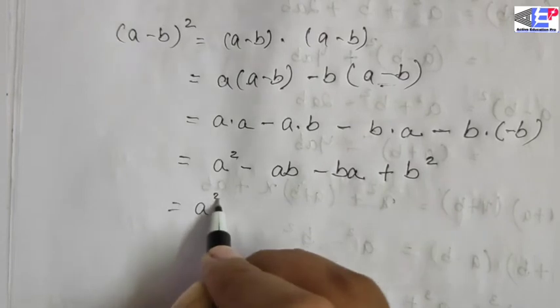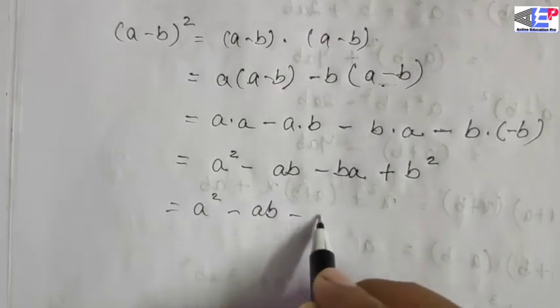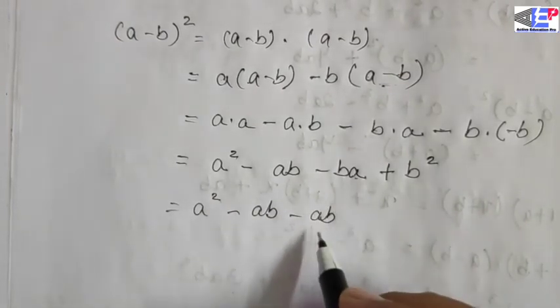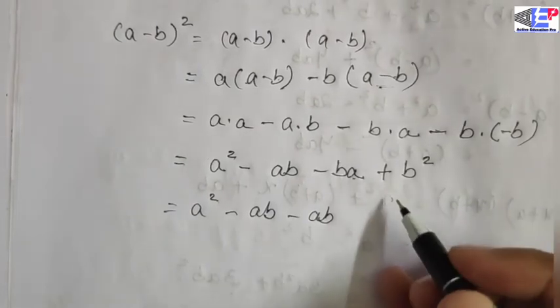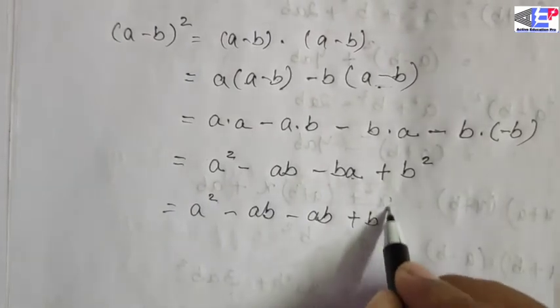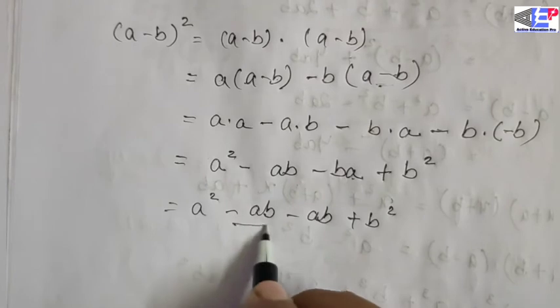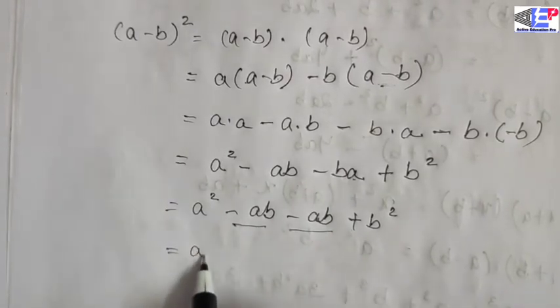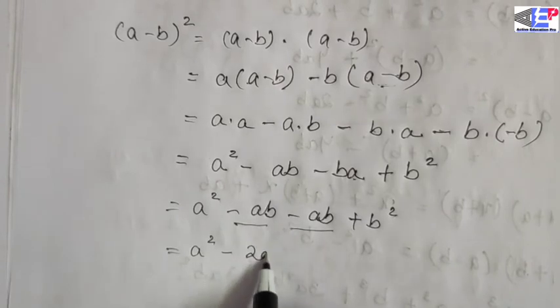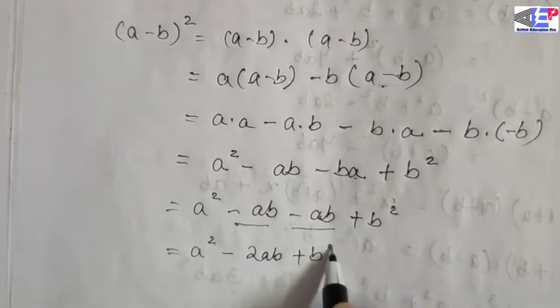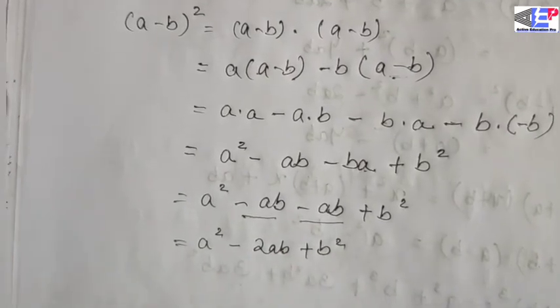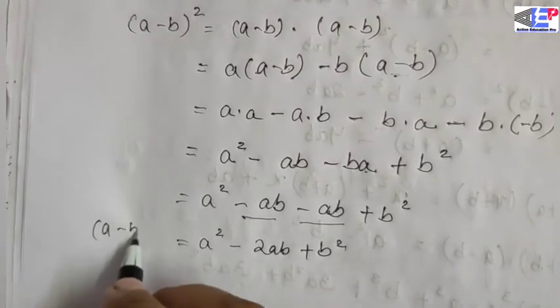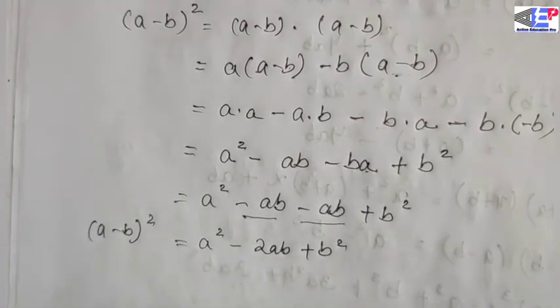And again a square minus ab, because ba is equal to ab as per the commutative property, then plus b square. And here minus ab and minus ab are like terms. a square minus 2ab plus b square. It is your answer. (a minus b) whole square is a square minus 2ab plus b square.